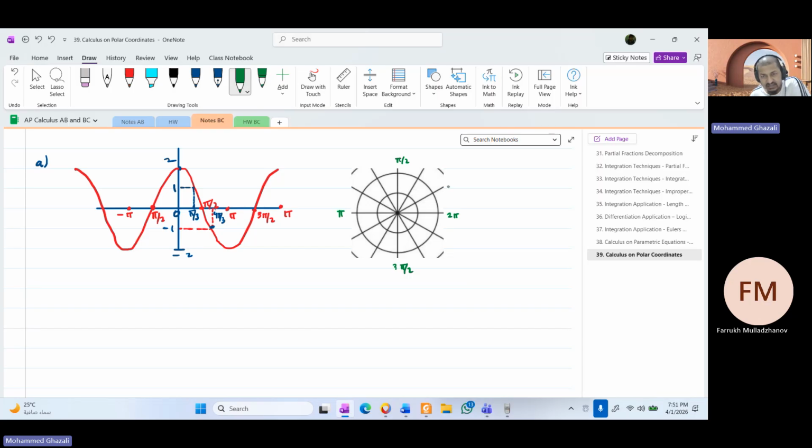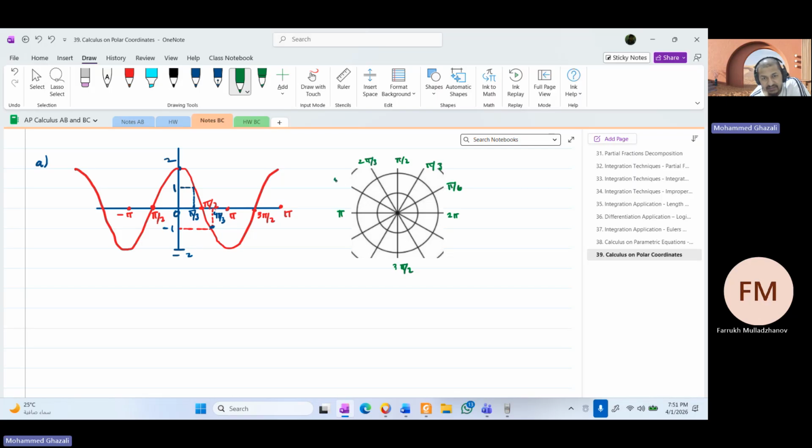Now this is 30 degrees, pi by 6, right? 2 pi by 6, which is pi by 3. 3 pi by 6, 4 pi by 6, that's 2 pi over 3, right?